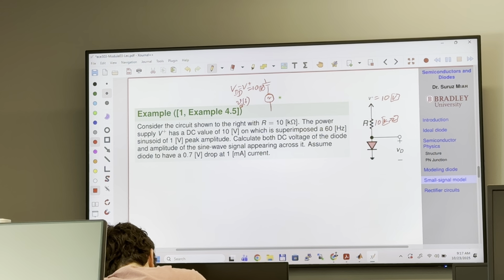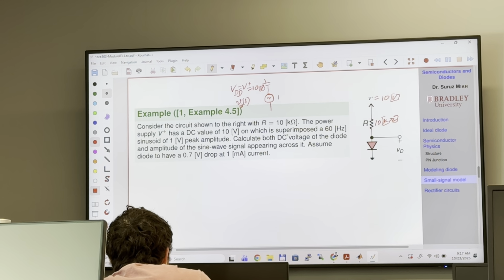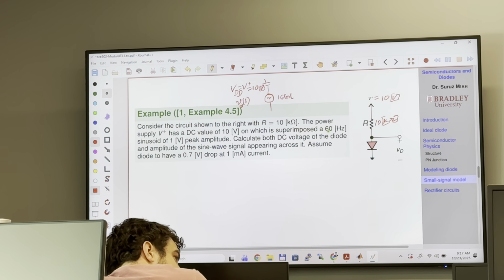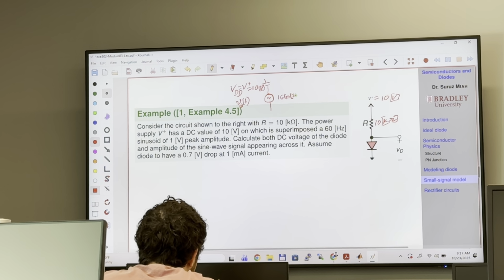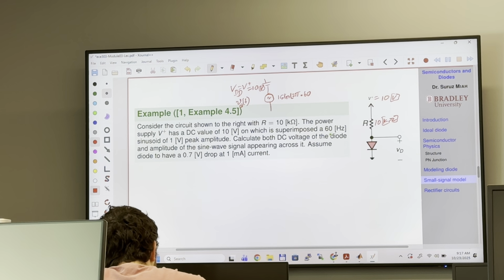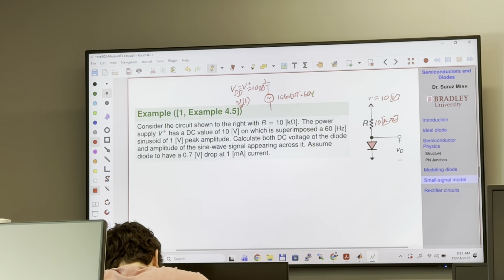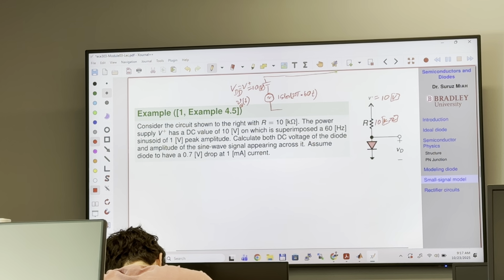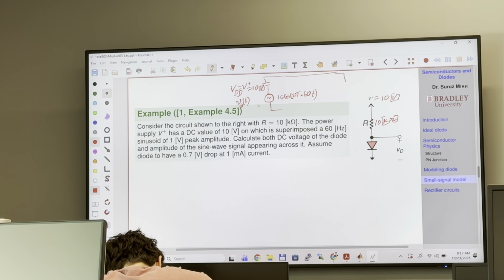How do you write it then? v_d(t) is going to be 1 volt peak amplitude, so 1, and it's a sinusoidal signal: sine of omega t. Omega equals 2 pi f, where f is the physical frequency, so 2 pi times 60 times t, as a function of time. So you have these voltage sources.